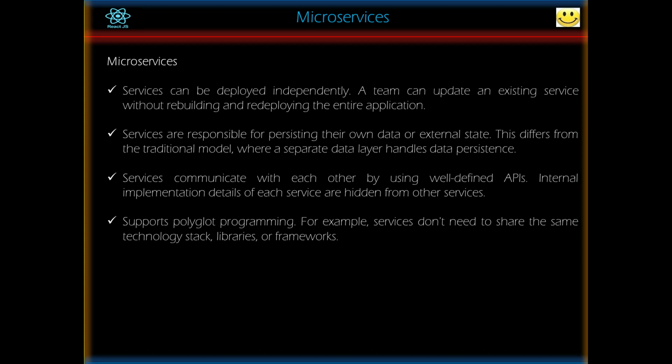Services are responsible for persisting their own data or external state. This differs from the traditional model where a separate data layer handles the data persistence mechanism. Services communicate with each other by using well-defined application programming interfaces.